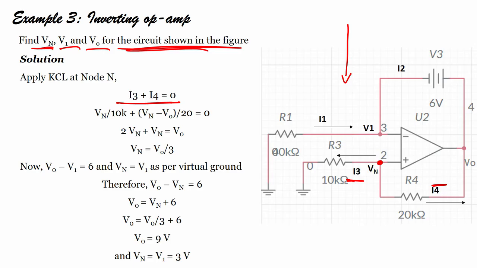Now, what is I3? I3 is nothing but V by R. V is my Vn, and R is 10 kilo ohm.